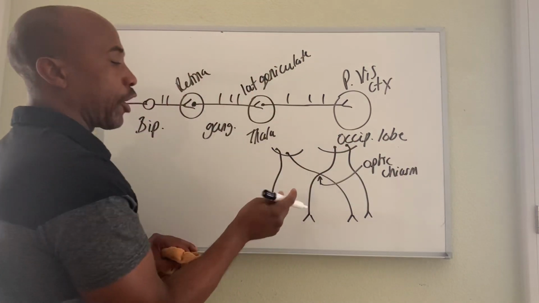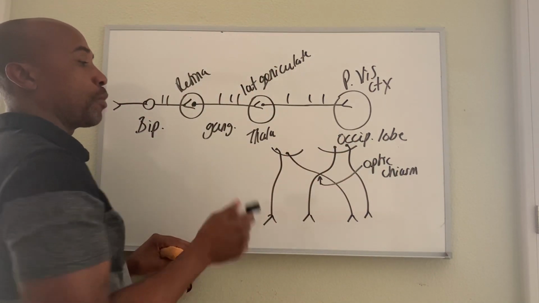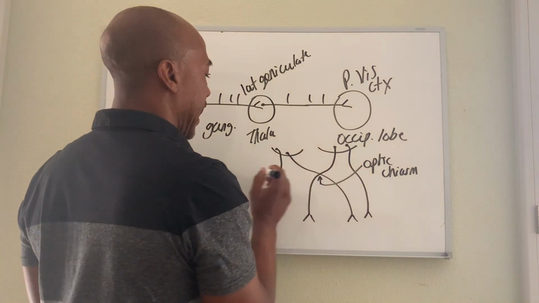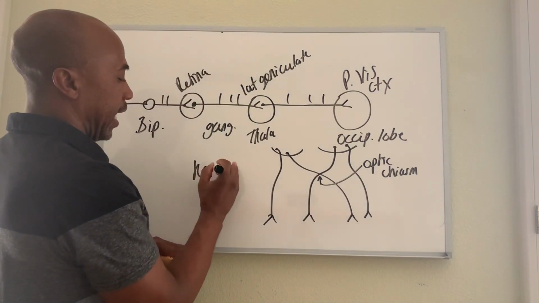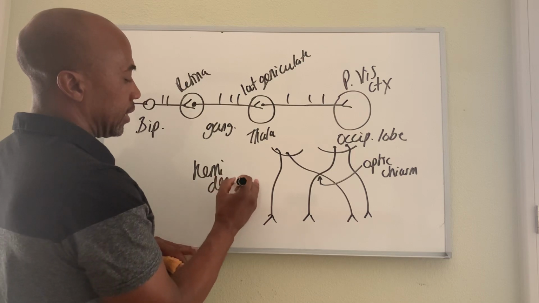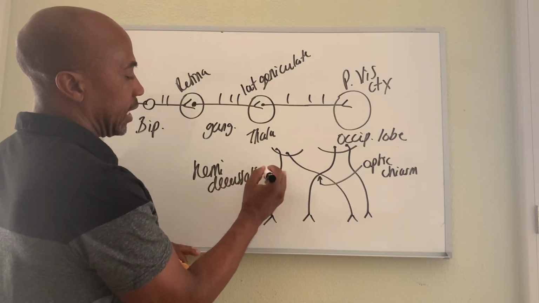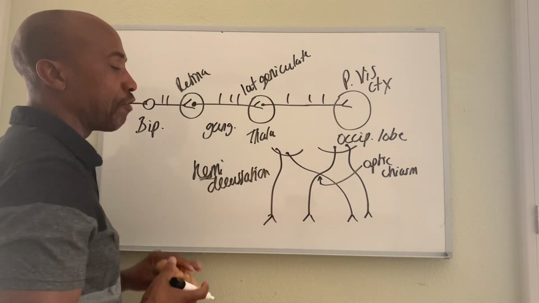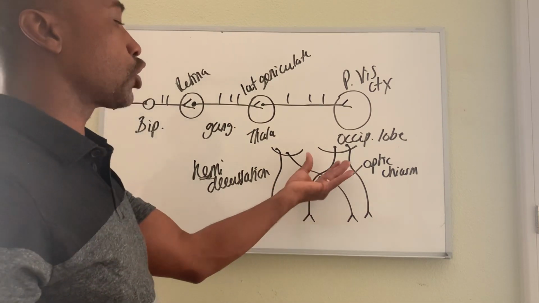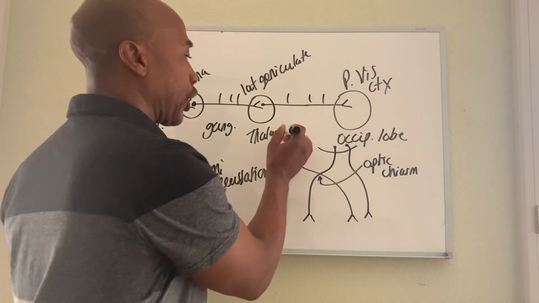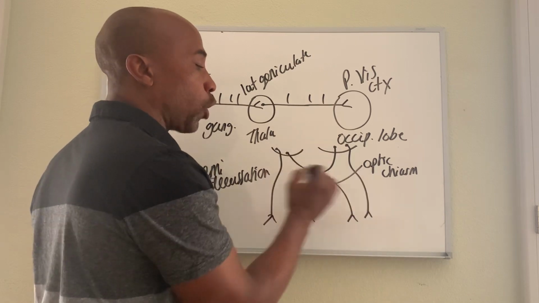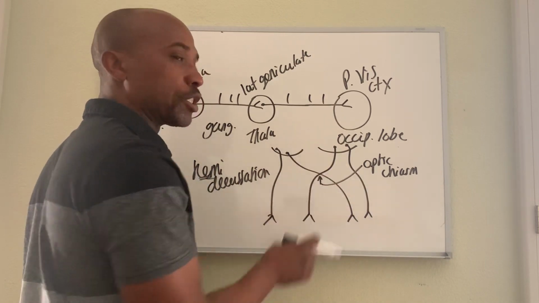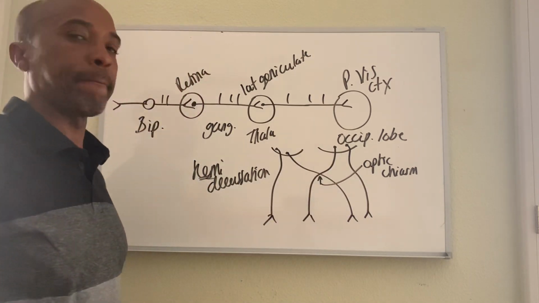Okay, and here half of the neurons cross over. So the process is called hemidecussation. Hemi means half. Half of your optic neurons cross over. So the image that's here will be sent to both halves of the brain because fibers switch over along the way. Okay, we'll pause here.